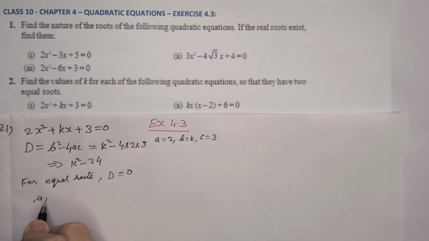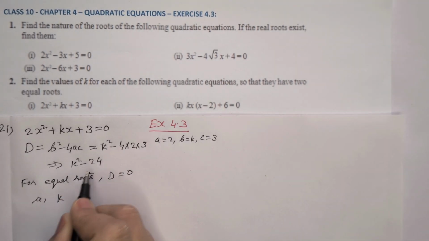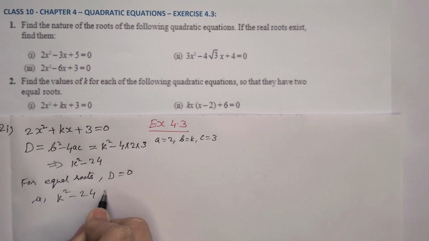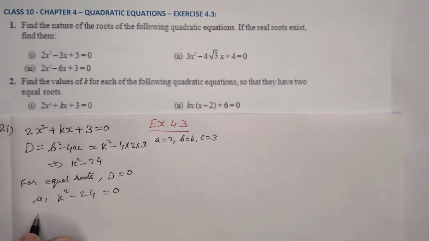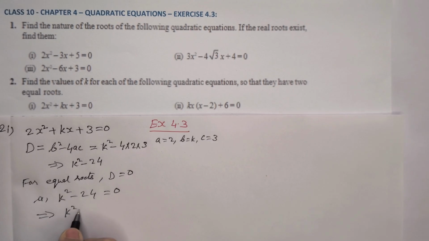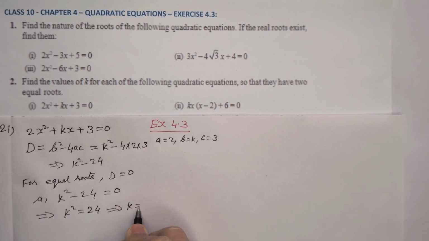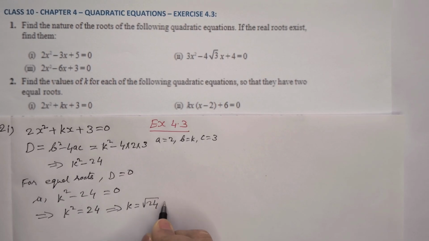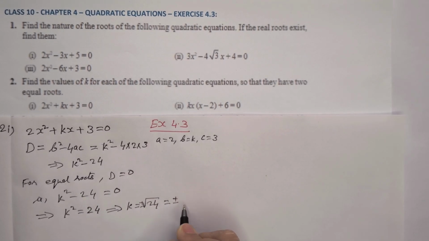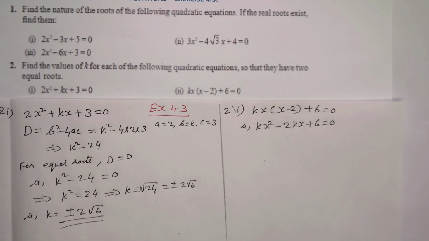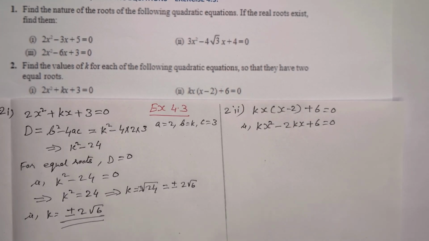That means we got D as k square minus 24, which is equal to 0, which implies k square is equal to 24, or k is equal to root 24, which means plus or minus 2 root 6. So we can write the value of k is equal to plus or minus 2 root 6.